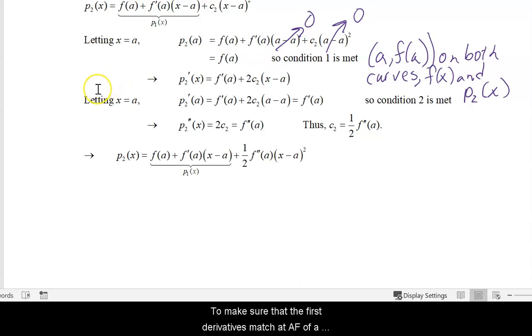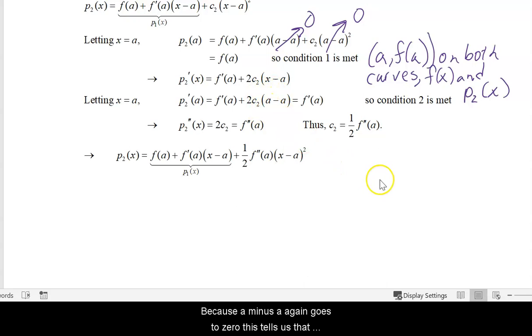To make sure that the first derivatives match at a, f of a, we'll let x equal a again and plug that into the first derivative equation. Replacing x with a will not change the first part since that was a constant to begin with, but it will replace the variable x in the second term with an a.